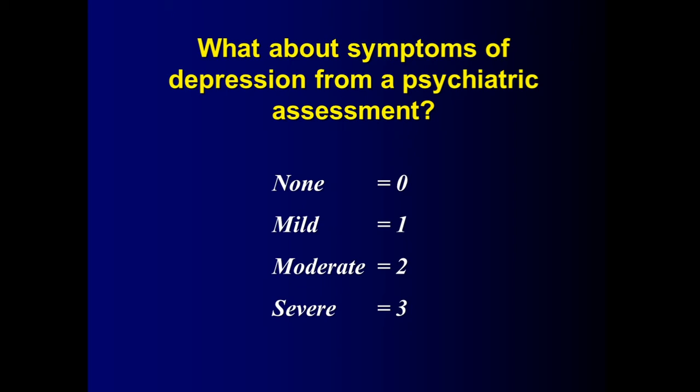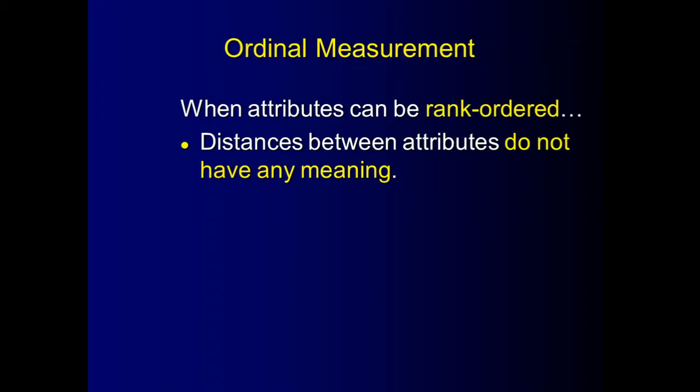So four are fixed categories, but they are ordered. There is a ranking. Whereas in case of gender, there is no ranking. In case of political party, there is no ranking. But here there is a ranking because of the degree of depression somebody is having. So that's why ordinal measurement. This is the second level.